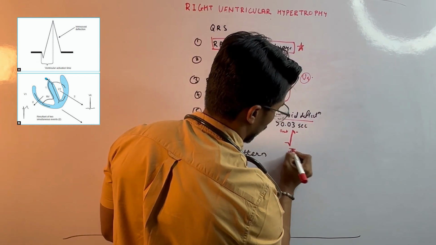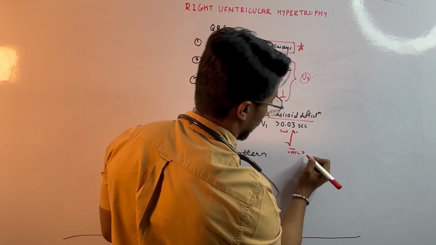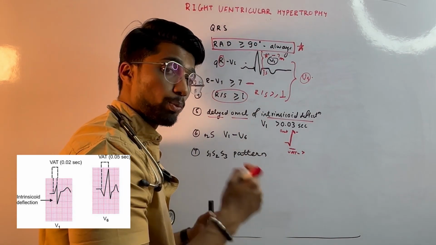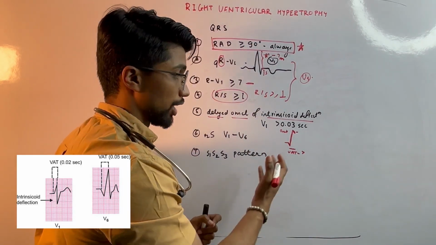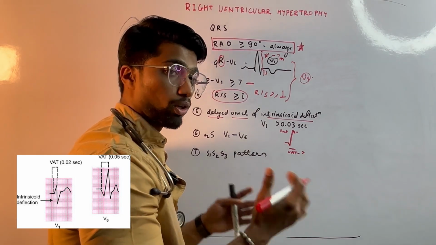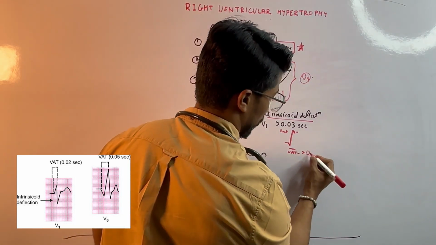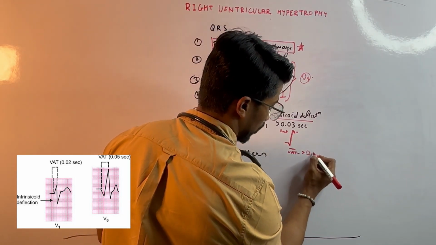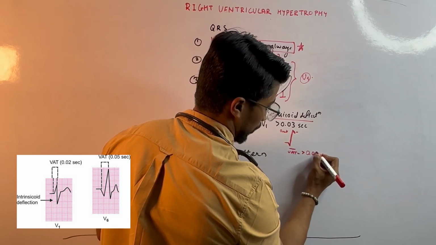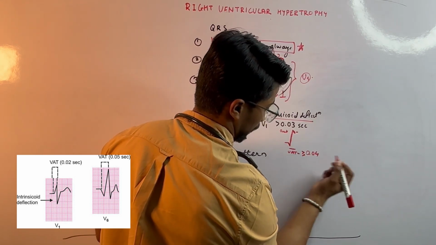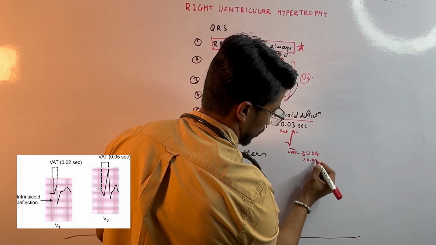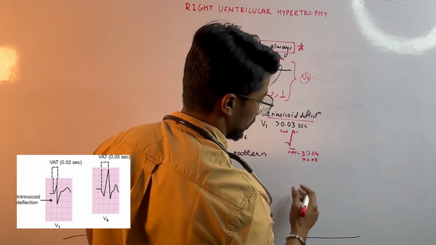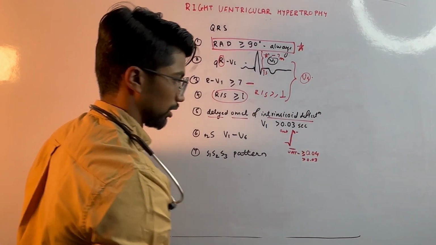This time, the ventricular activation time in LVH, was more than or equal to 0.05, but the RV is relatively small, so it's going to take less time. And here they say more than or equal to 0.04, or you can just say more than or equal to 0.03, which is the same as this one.